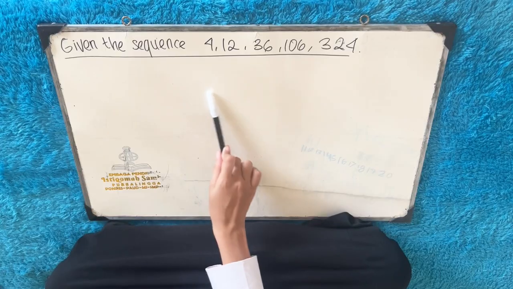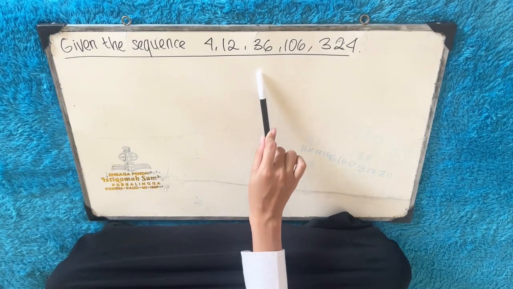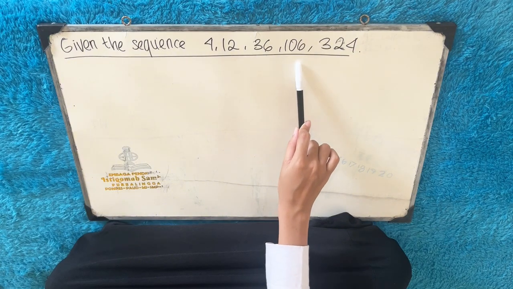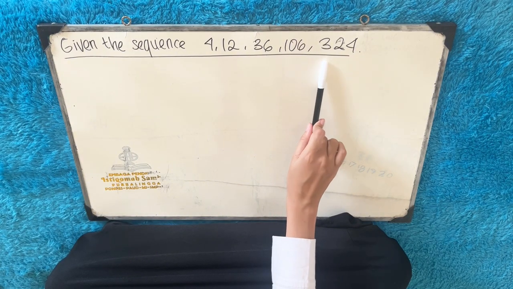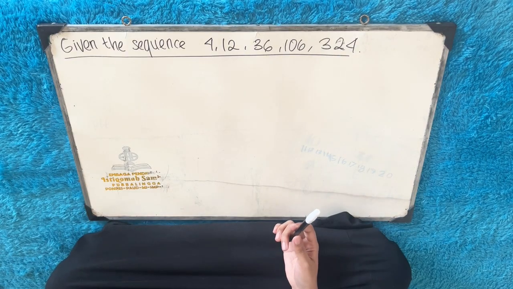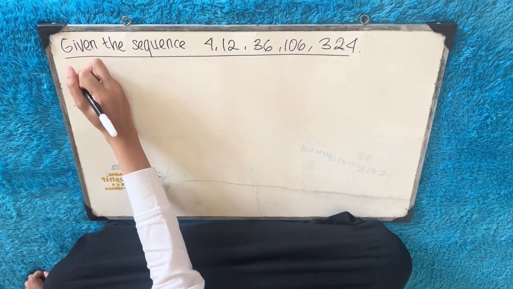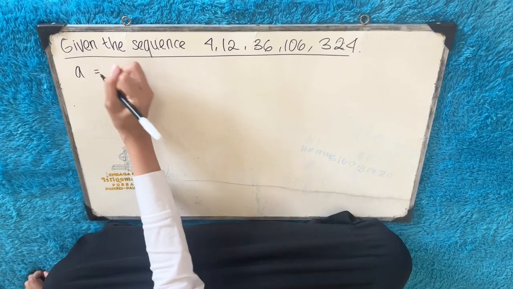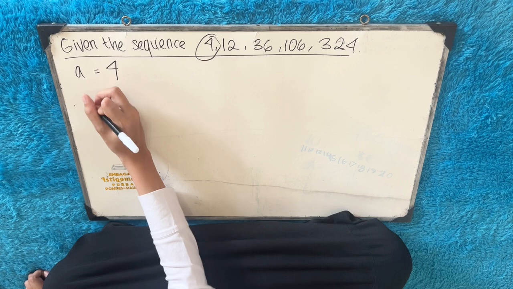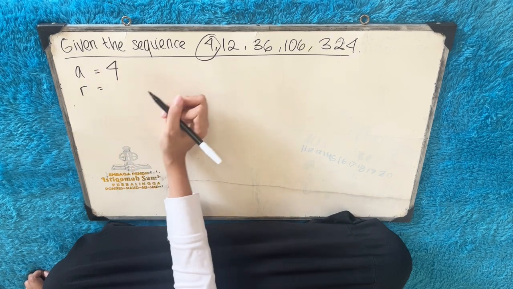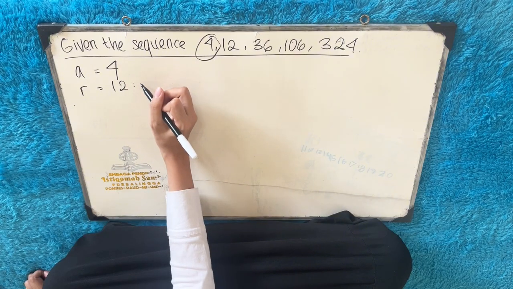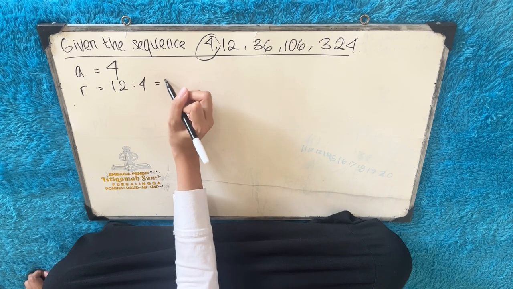Guys, given the sequence 4, 12, 36, 108, 324. Okay, the first term a is 4, and the ratio r is 12 divided by 4, which is 3.